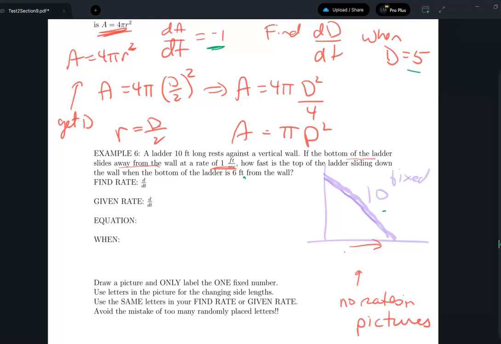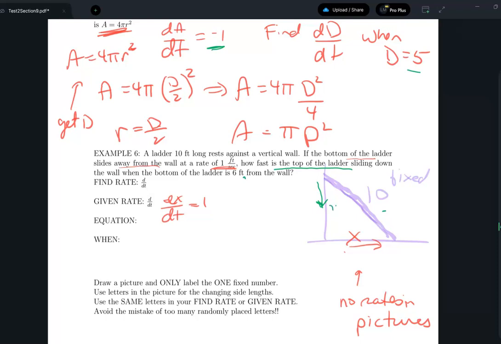Okay, so I'm going to label this X and say that my given rate is dx over dt, which is 1, because this length X is growing at 1 foot per second. So what are they asking me for? How fast is the top of the ladder sliding down? It's nice to put arrows so you understand what's happening.